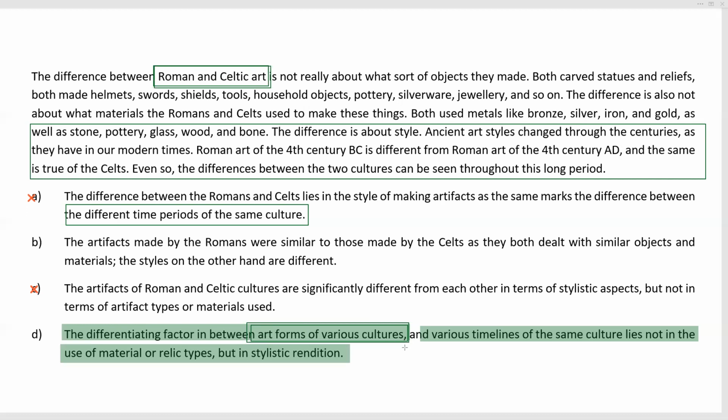Notice that we don't need to infer this. If we call art forms of various cultures a universal set, then Roman and Celtic art would be two circles or two set representations within that universal set. But if you look at B, then the styles on the other hand were different, etc. What we see is that this particular aspect of various timelines of the same culture has been omitted.